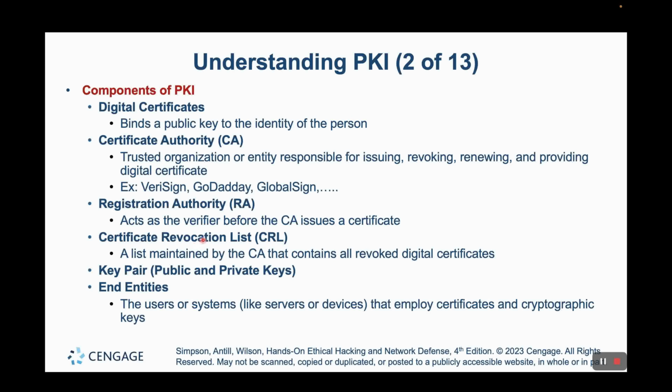This database contains every revoked certificate, and it's maintained by the certificate authority. Key pair, public and private keys, and entities. Here, that's basically users or systems, like servers and devices, that employ certificates and cryptographic keys.